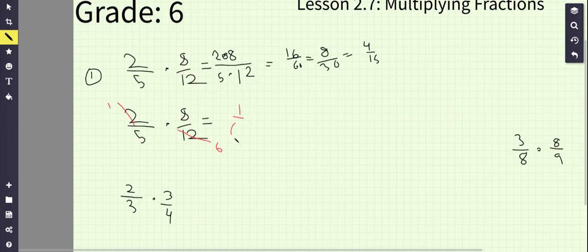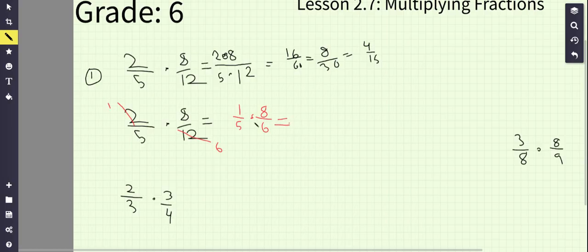So this is equal to 1/6 times 8/5. Am I saying that correctly? No, 1/5.